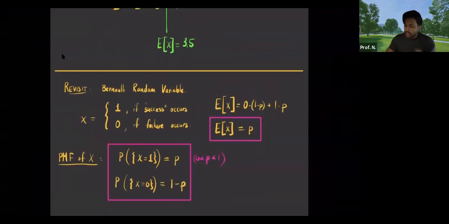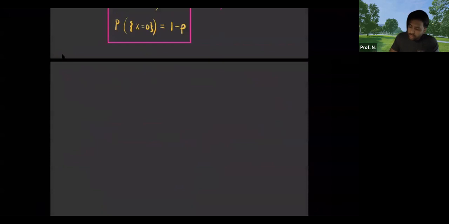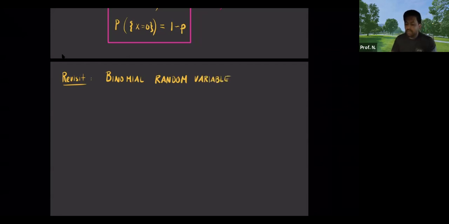Now that we revisited the Bernoulli random variable, let's talk about the binomial random variable. Now remember the binomial random variable. So again, this is when you have the parameters, right?